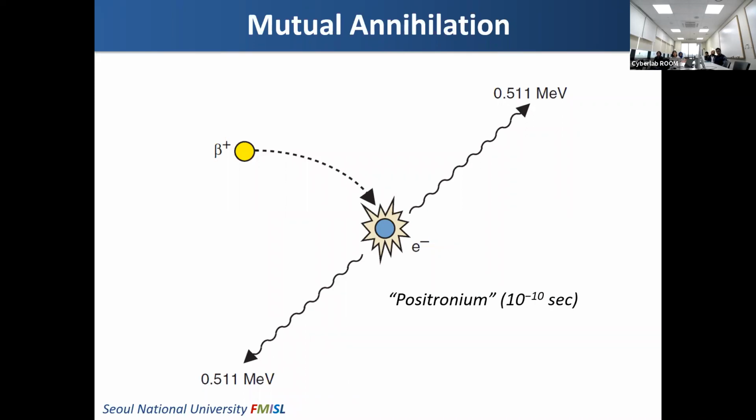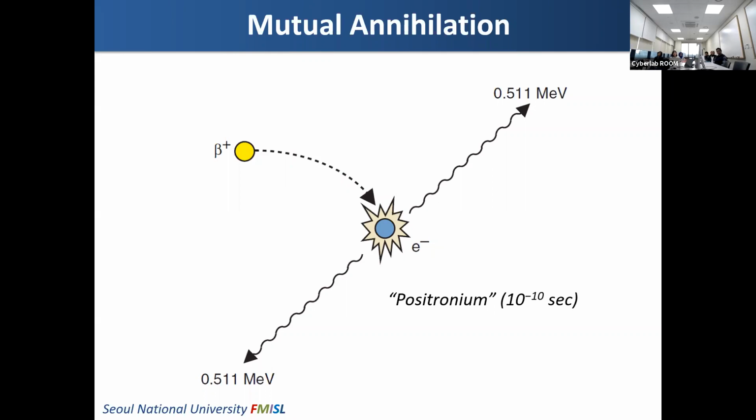This is quite different from single photon imaging, where the energy of the gamma ray depends on the radioisotope. For example, Technetium-99m has 140 kiloelectron volts. But in every positron emitter, the energy of the annihilation photons is the same.